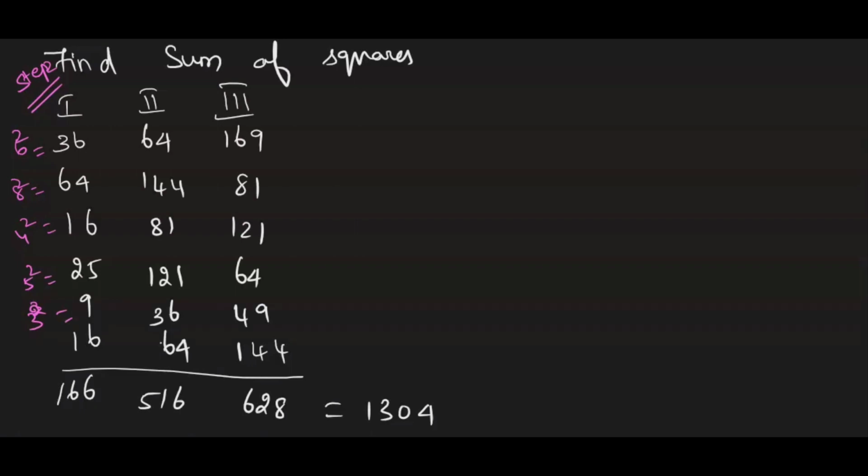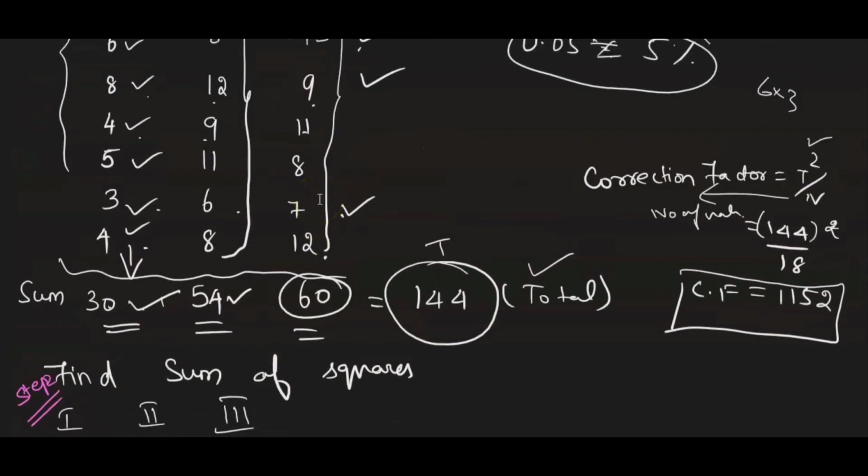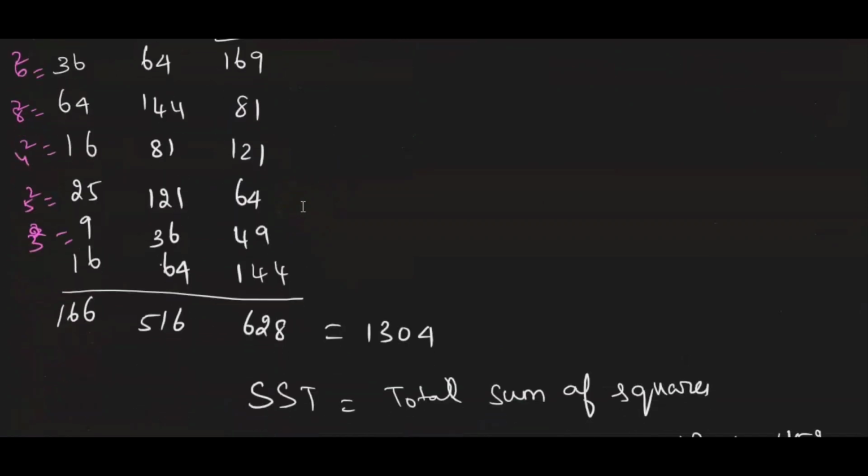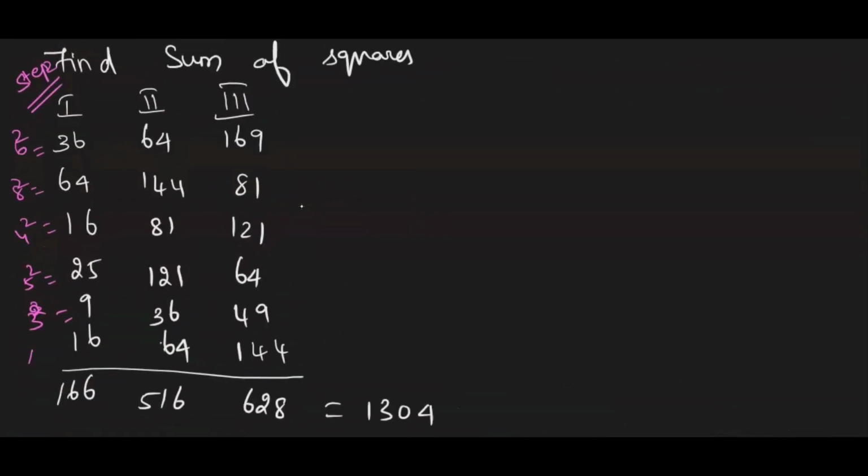And the last value 4, so we get 4 square, that is 16. Like that we are squaring all the values and adding up all the squares. That is 36 plus 64 plus 16 plus 25 plus 9 plus 16 is equal to 166.